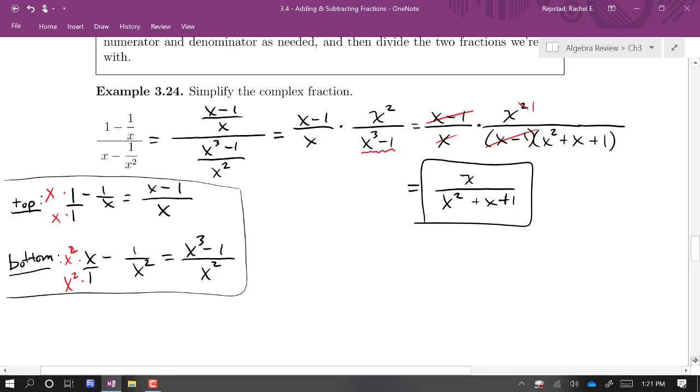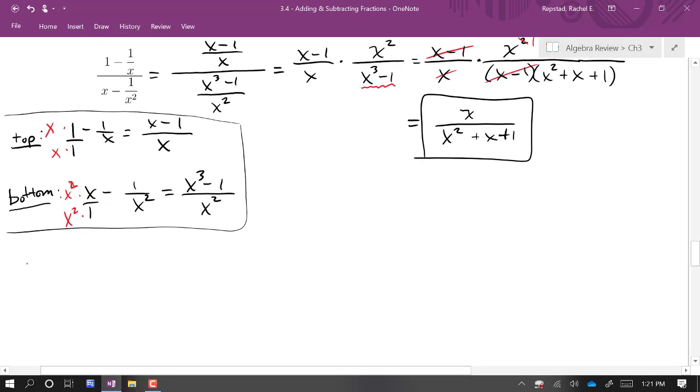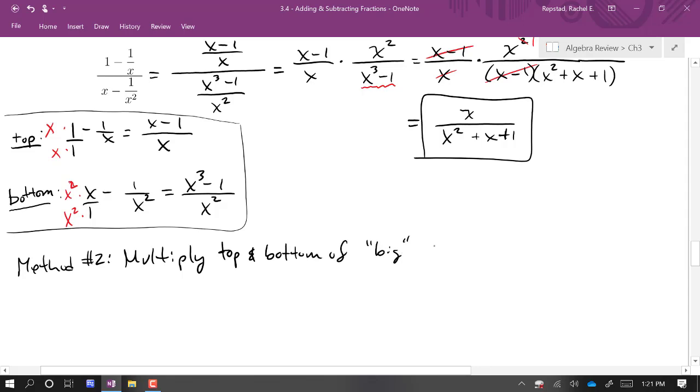The other method, I'll call this method number 2, is to multiply the top and bottom of the big fraction by the least common denominator of all the small fractions that appear within the big fraction.